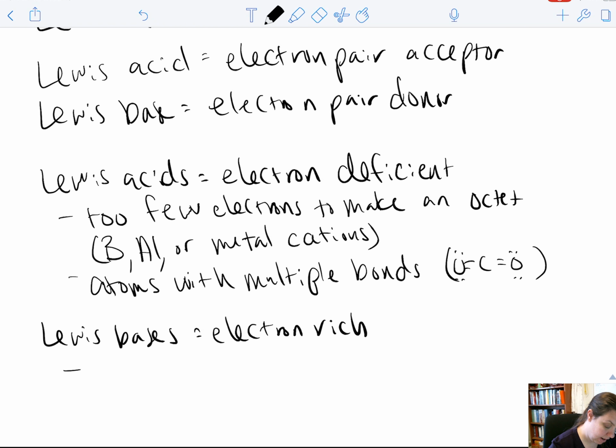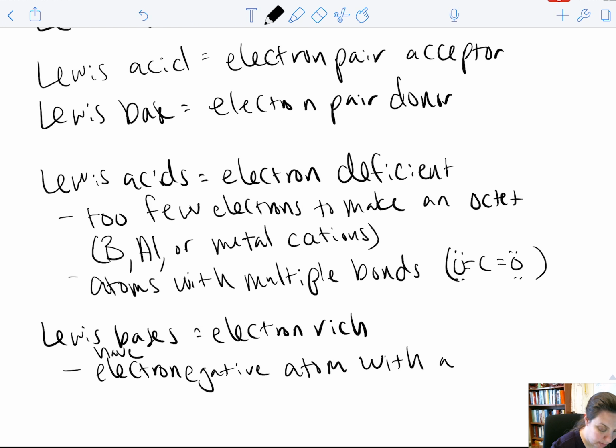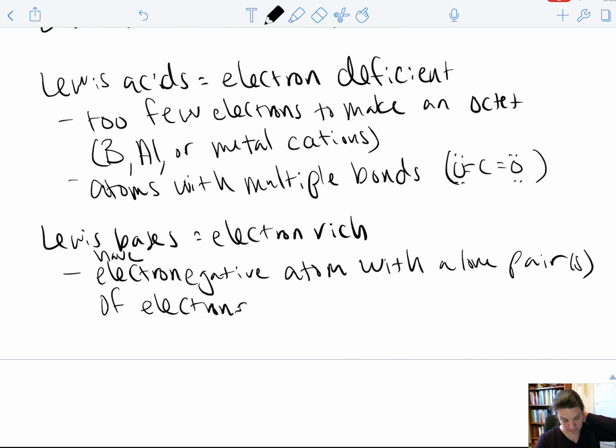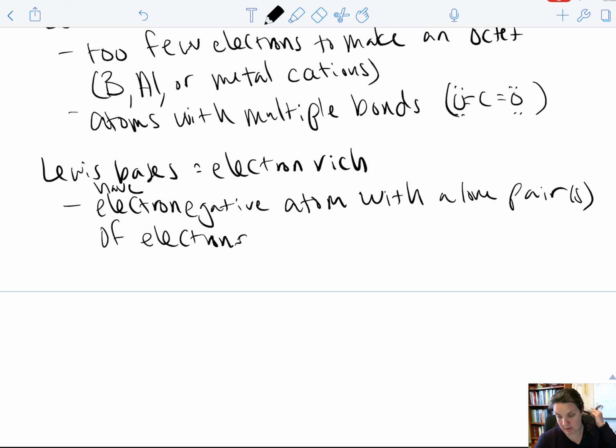So these are going to be electronegative, or they will have electronegative atoms with a lone pair, or lone pairs of electrons. Okay? So, something like this.